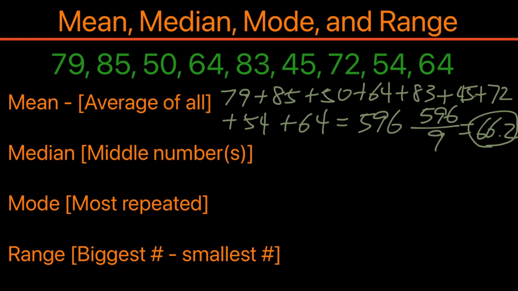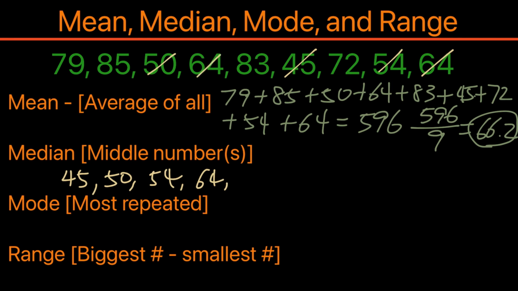So the first number is 45. That's the lowest. We're going to write here because we need the space. And the second one, 50. That's the second lowest. And the third lowest is 54. The fourth lowest is 64.